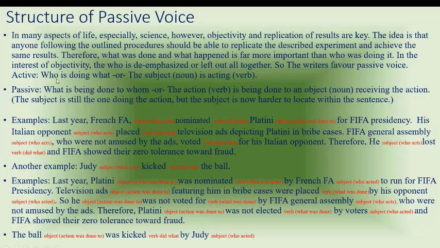Active voice is who is doing what, where the subject is acting the verb. While in passive, it is what is being done to whom, where the action, the verb, is being done. The subject is still the one doing the action, but is now harder to locate or a little ambiguous within the sentence.